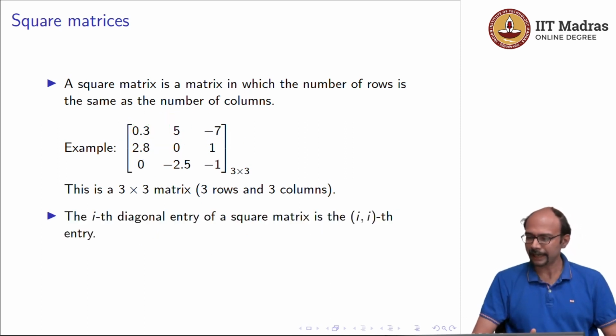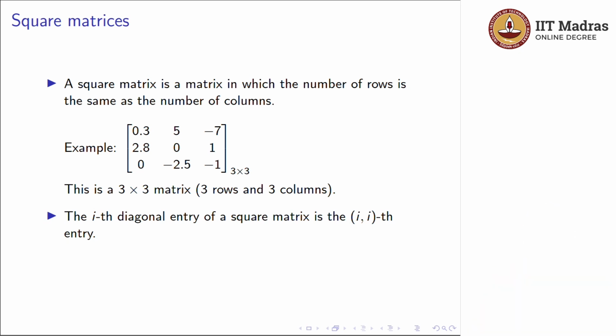So the ith diagonal entry of a square matrix is the ith entry. When you have a square matrix, there is something called the diagonal of the square. We look at the ith entry on the diagonal, and that's the ith entry of the matrix. The diagonal of the square matrix is the set of diagonal entries.